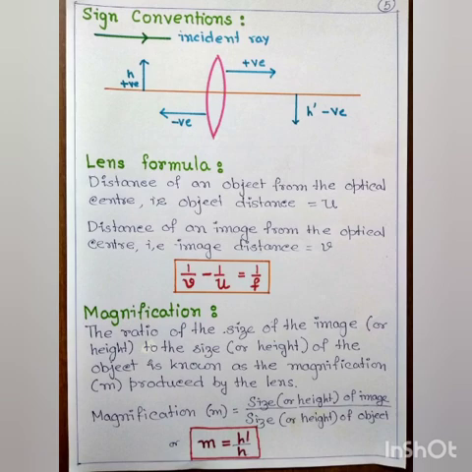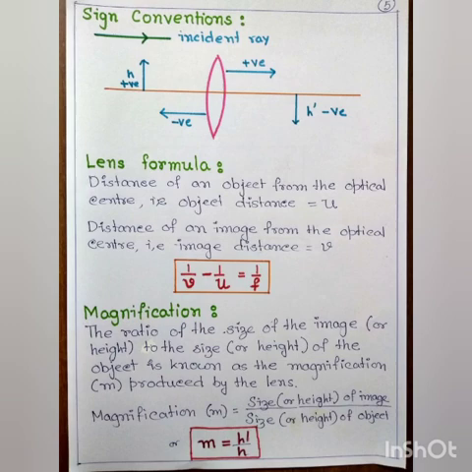Now here always the object is above the principal axis. So the height of the object will always be positive, and if the image is downward from the principal axis, it will be considered negative. If the image is above the principal axis, it will be considered positive.